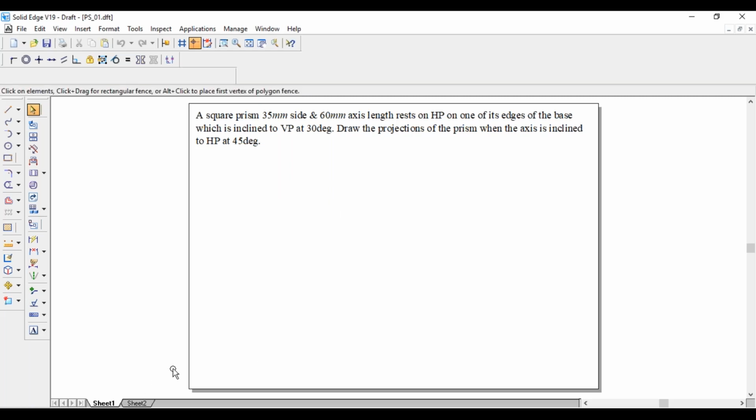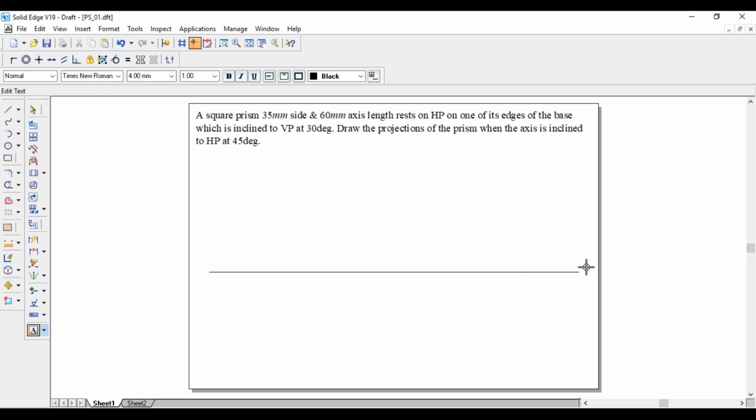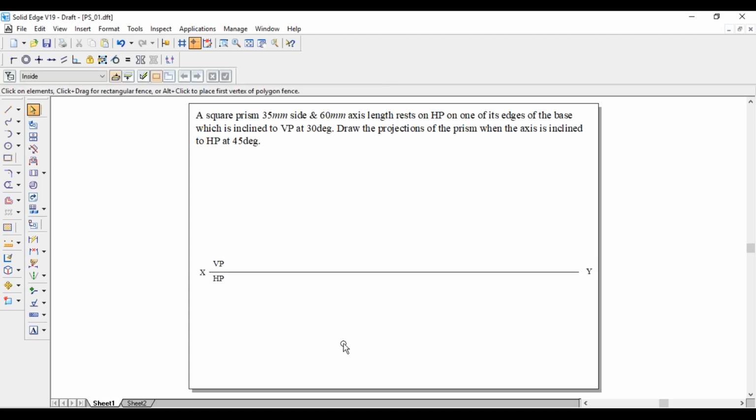So first draw a horizontal line. Name it as XY, VP, HP. Now construct a square in the top view, as it is resting on HP.